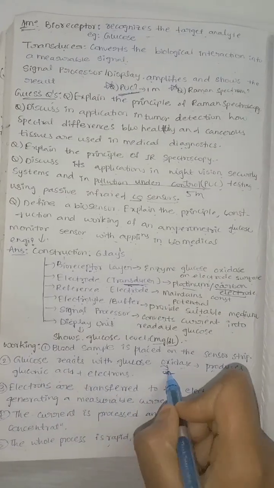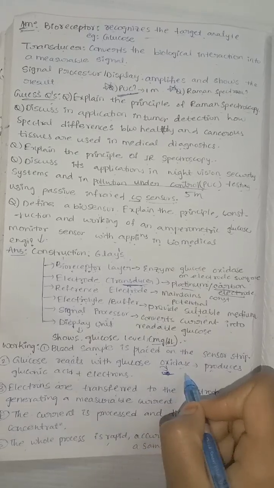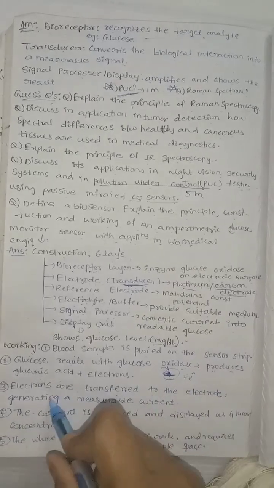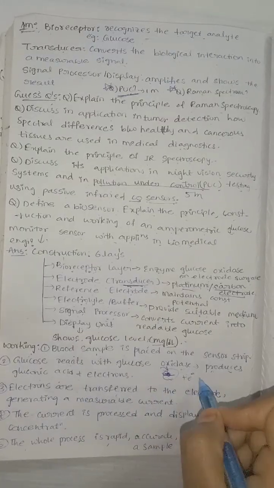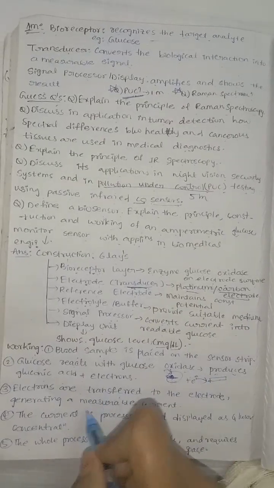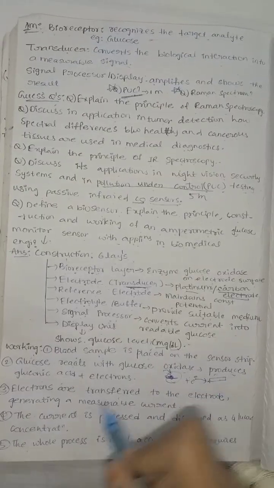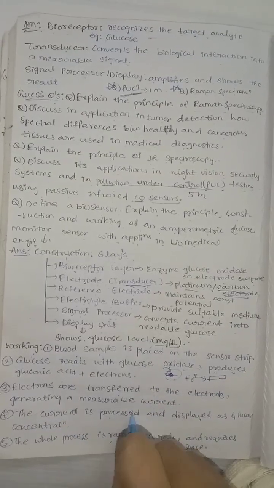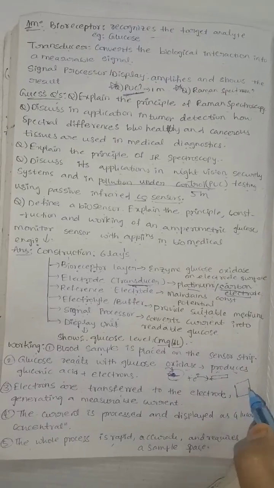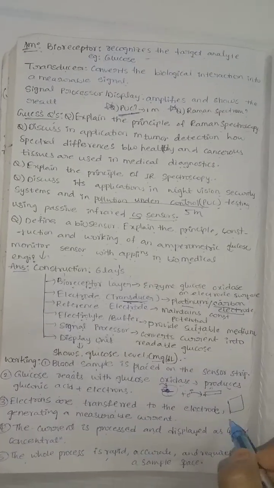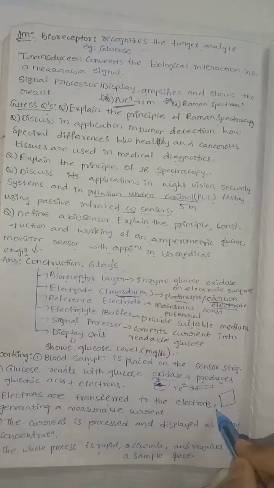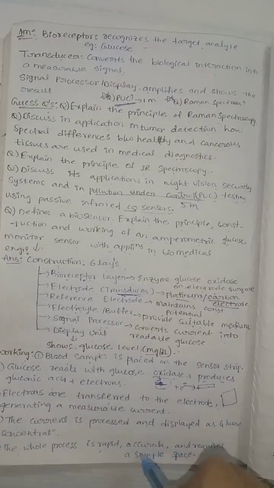Electrons are transferred to the electrode, generating a measurable current. The current is processed and displayed as glucose concentration. This whole process is fast, accurate, and requires a small sample.